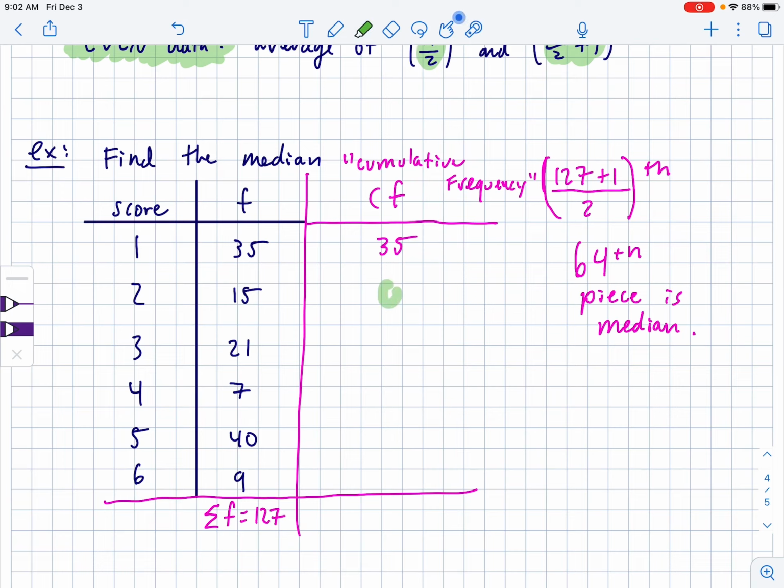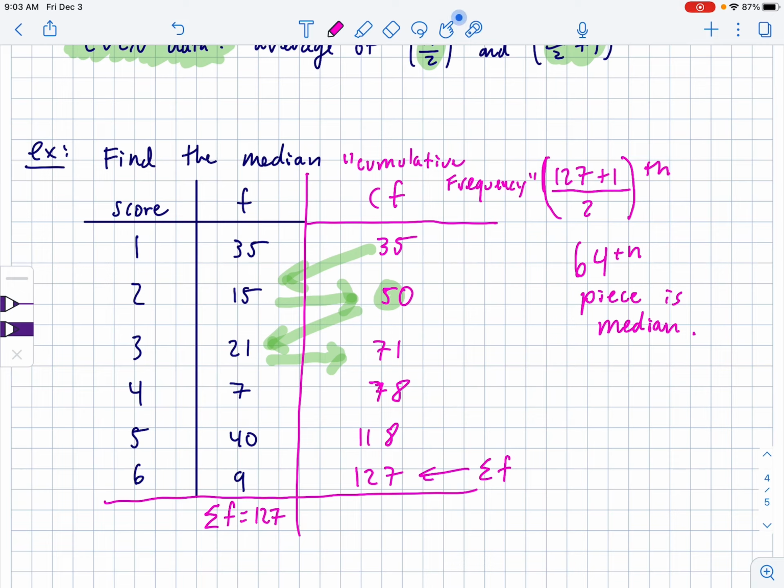But then in this spot right here, you have to add 35 and 15 together to get 50. Then you have to add 50 and 21 together to get 71. If you keep doing this, 71 plus 7 is 78. 78 plus 40 is 118. And then the very last one should always match up with your total frequency. So this should be the sigma F.